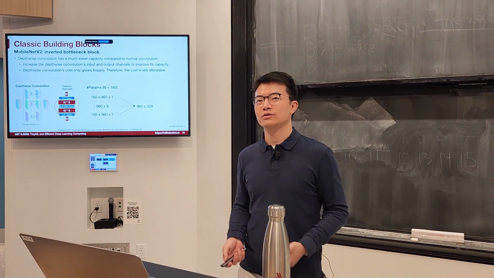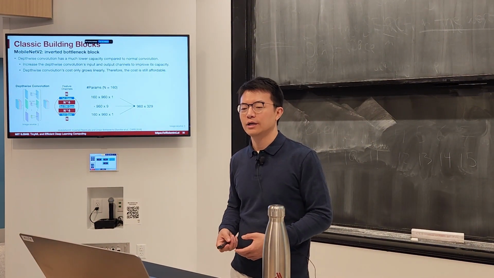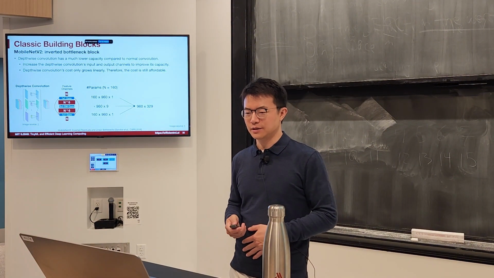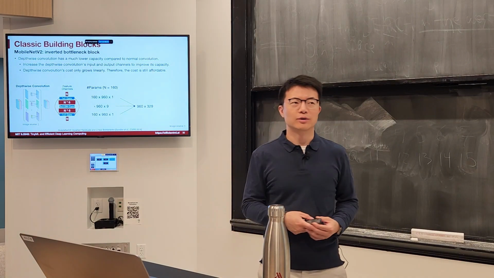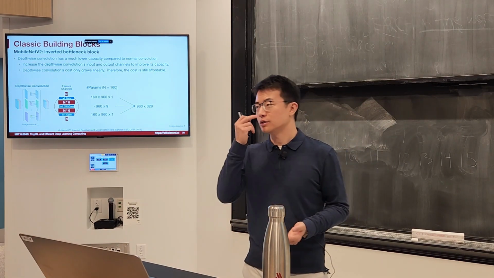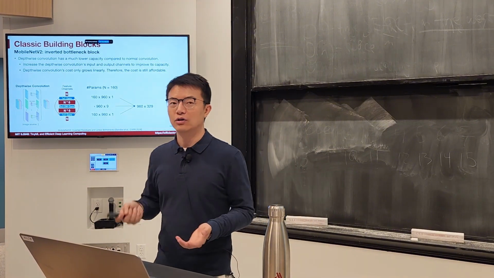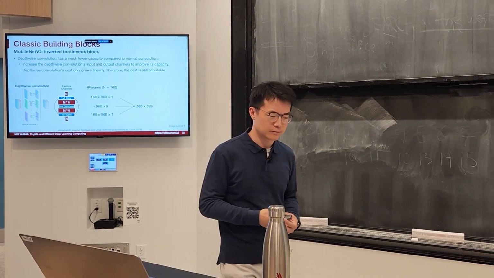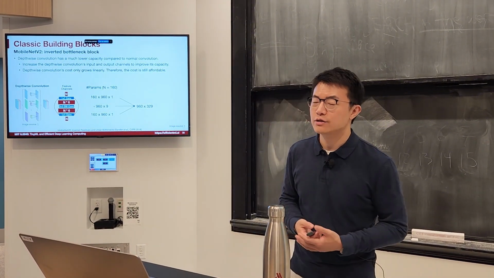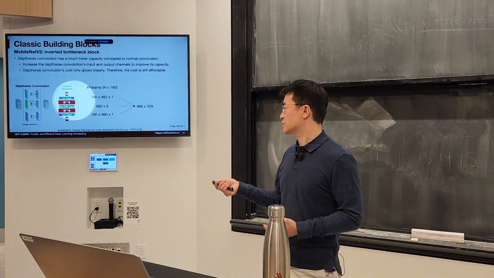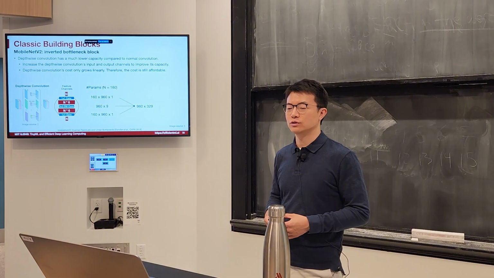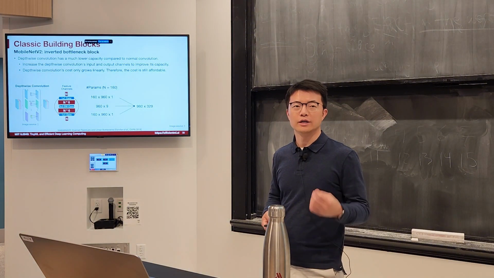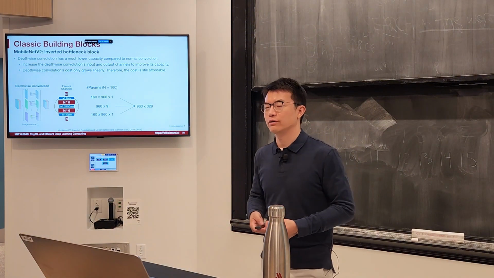So the number of parameters is very small actually. Just 9 times 960. So that's why MobileNet gets applied to mobile devices a lot. It has very low MACs and low parameters. And the key reason for that is thanks to this inverted bottleneck layer and depth-wise convolution, where it has one less dimension compared with normal convolution.